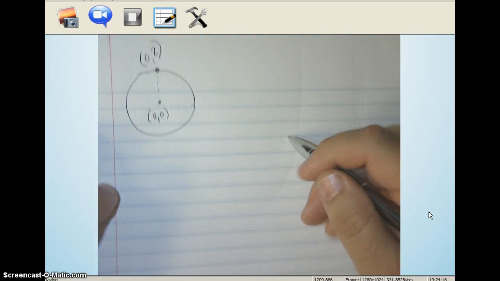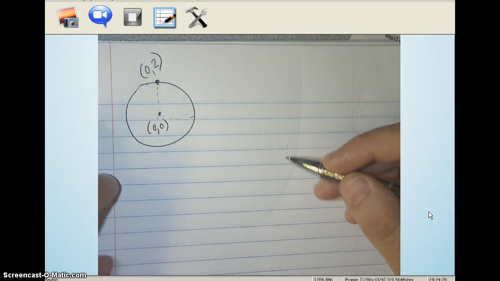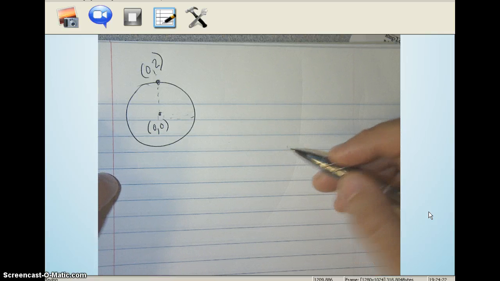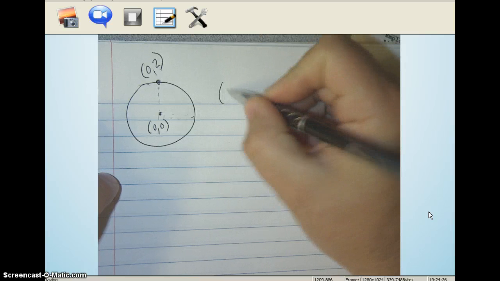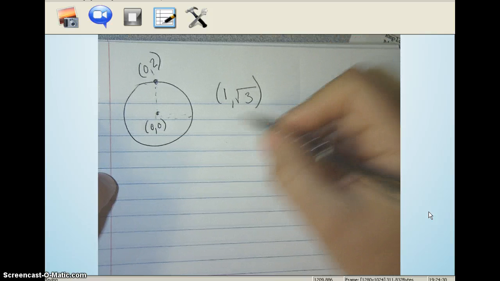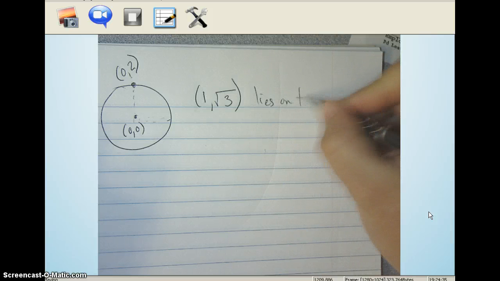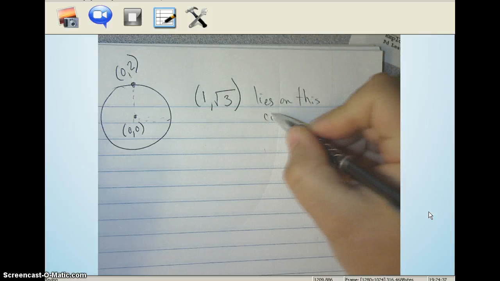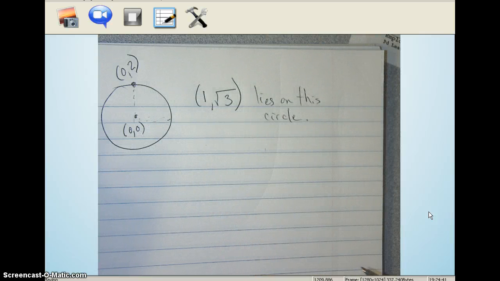So now the problem is going to ask you to prove that the following point, and we'll use 1 comma the square root of 3, prove whether or not it lies on this circle, given that the center's at the origin and that the point 0, 2 lies on the circle.